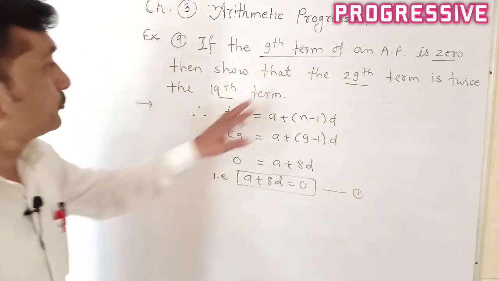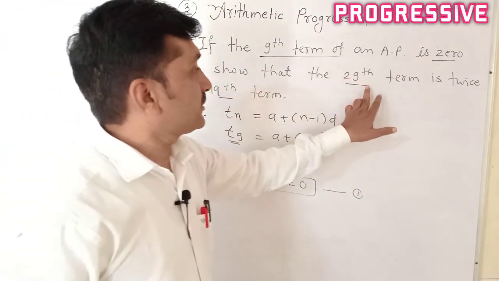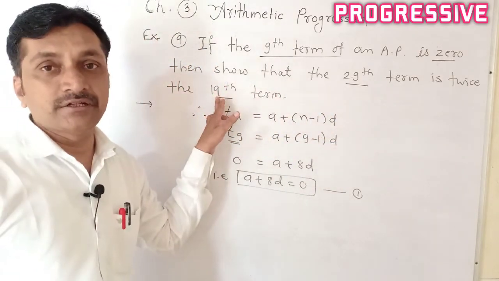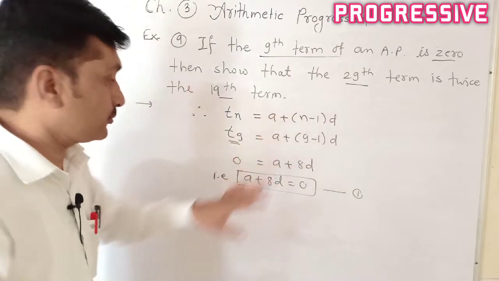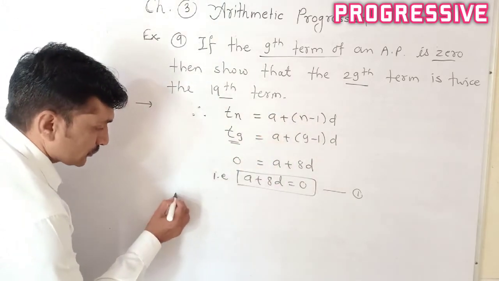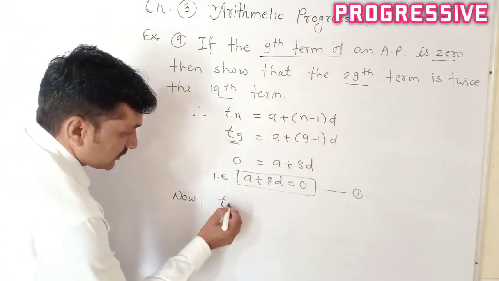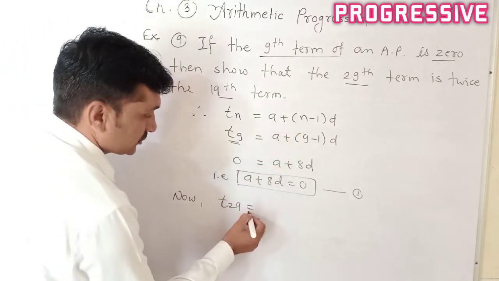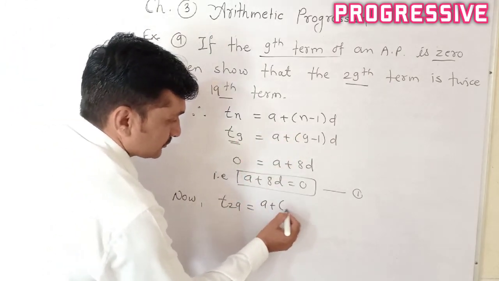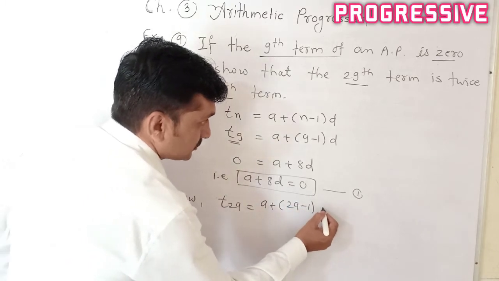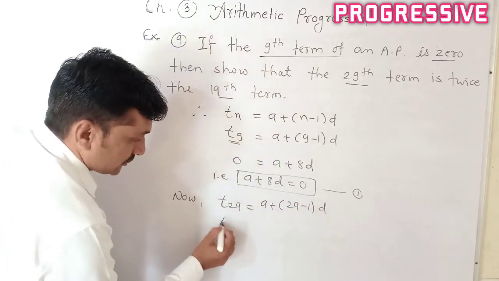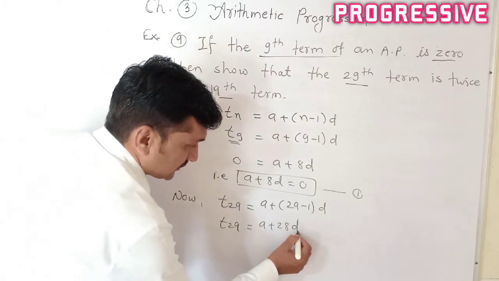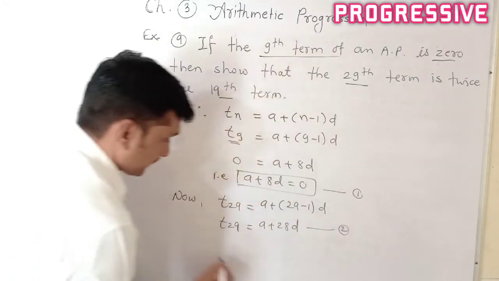Now we have to prove the 29th term is twice that of the 19th. Therefore, for both of them again, T29 is equal to, using the same formula, a plus in bracket 29 minus 1 into d. Therefore, T29 is equal to a plus 28d, number 2.